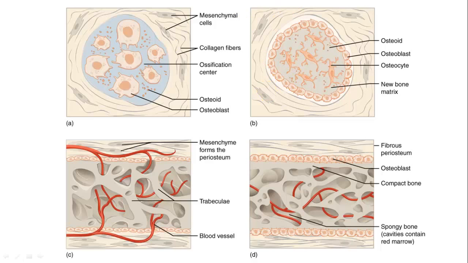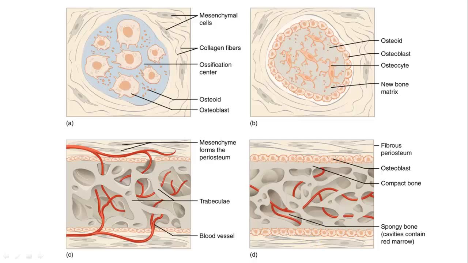And as these ossification centers then develop more and more, they then create this trabeculae and woven bone where blood vessels go in between the spaces, and the periosteum then forms on the superficial or outside parts, and finally a mature spongy bone cavity filled with red bone marrow is surrounded by our compact bone.